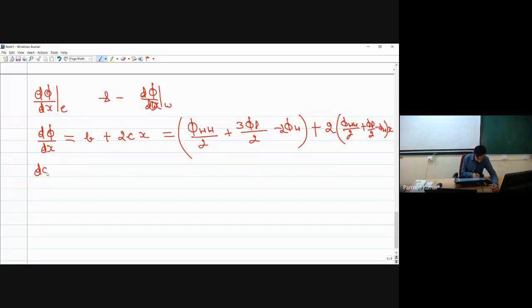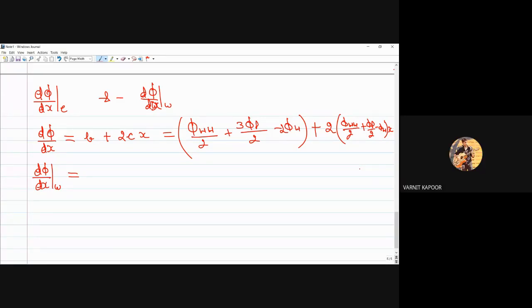Now this is the expression we have got. When I calculate this d phi by dx for face w, what will I get? I have to substitute x equal to minus, what will be the value of x? Minus delta x by 2.